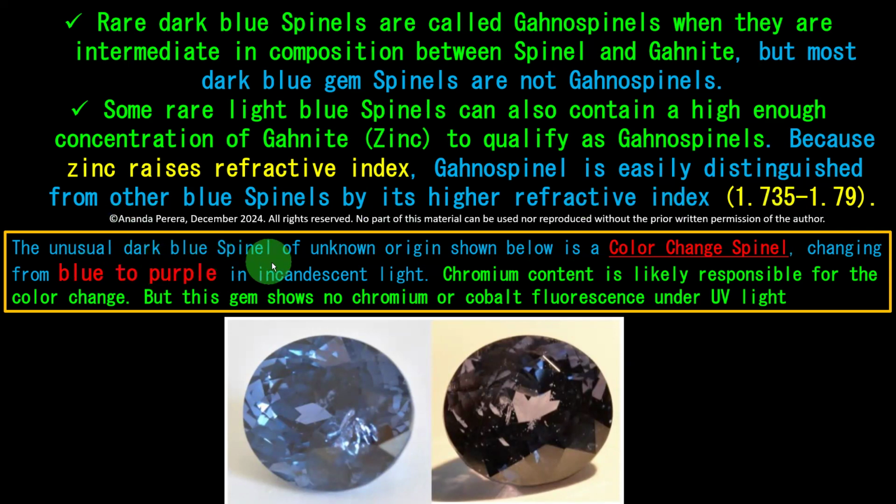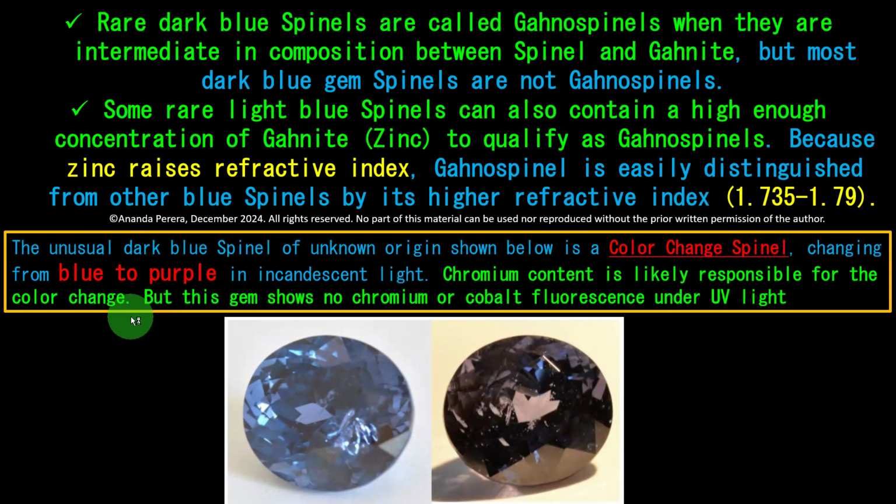The unusual dark blue spinel of unknown origin shown below is a color change spinel. It changes from blue to purple in incandescent light. Chromium content is likely responsible for the color change.